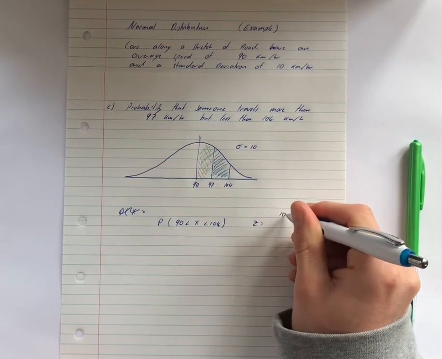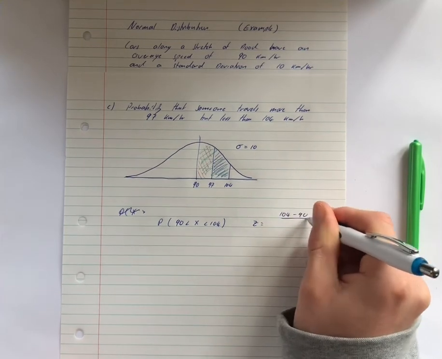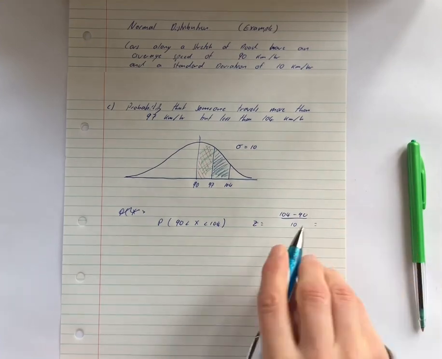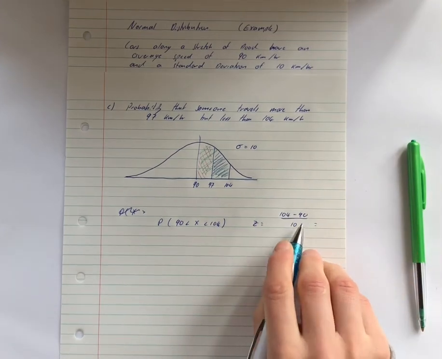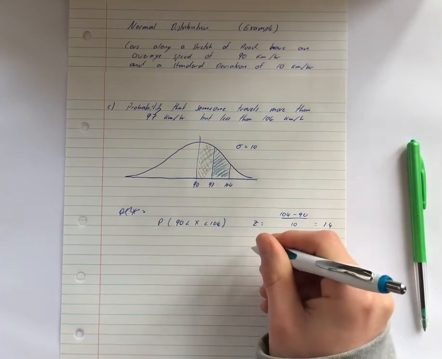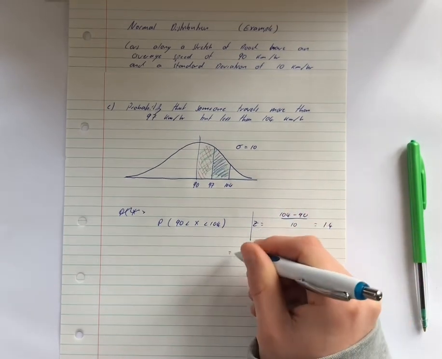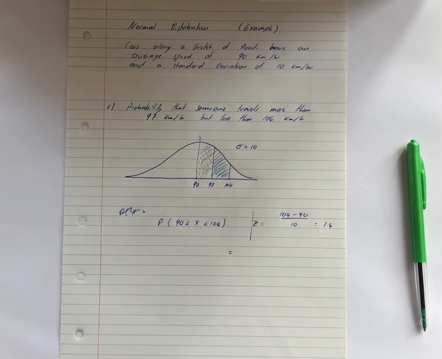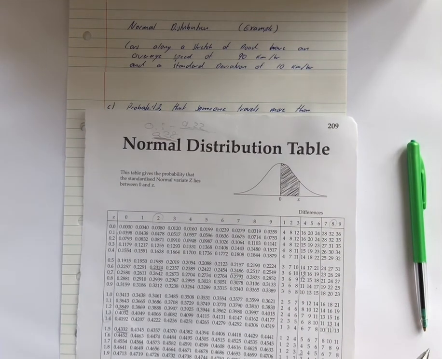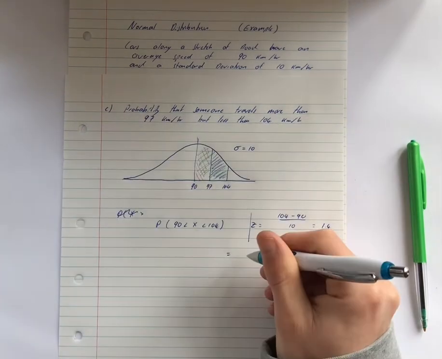Z is 104 minus 90 over 10. That's 14 over 10, 1.4. So this probability is going to be equal to, we find 1.4 in the normal distribution table, 0.4192.